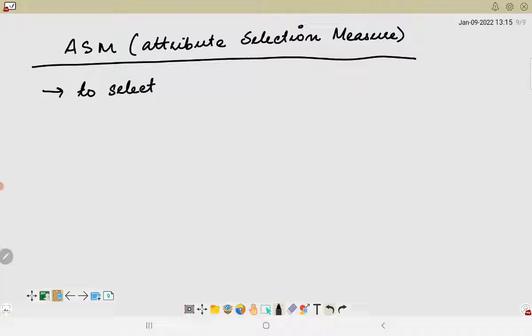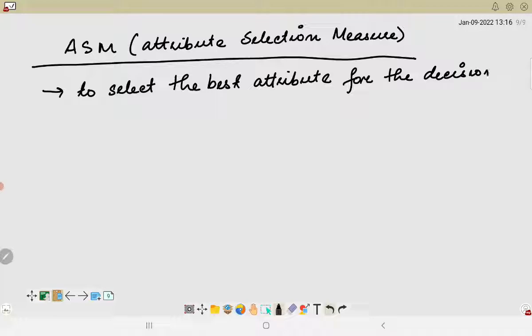So this ASM would be helping to select the best attribute for the root node and for all the sub nodes, that is, for the decision nodes. Root node is also one of the decision nodes. So for the decision node, it will be helping us to select the best attribute.